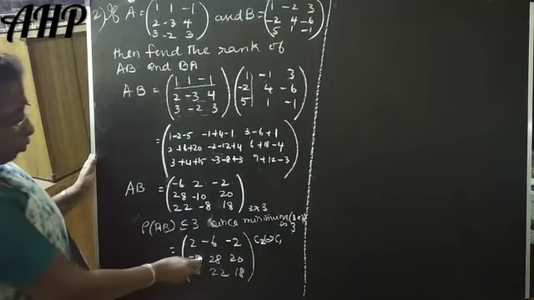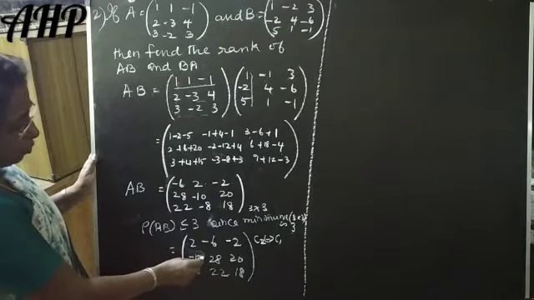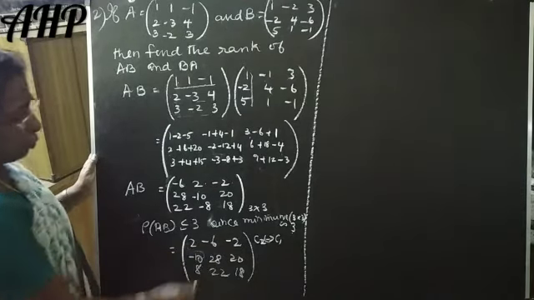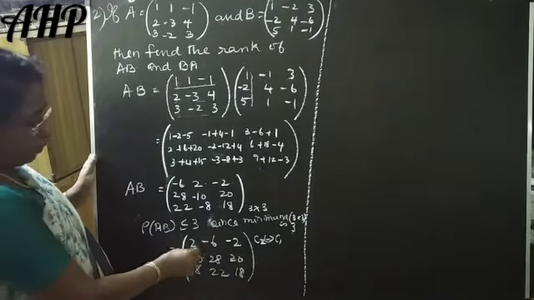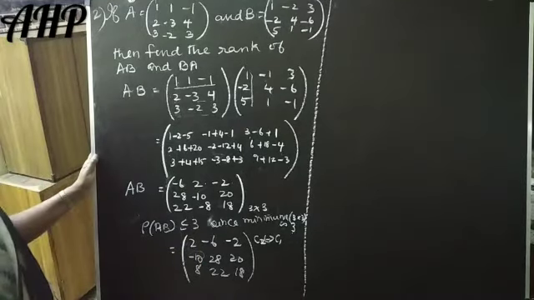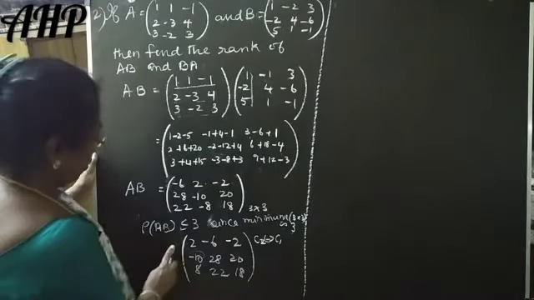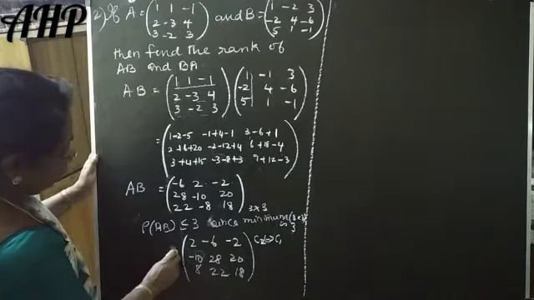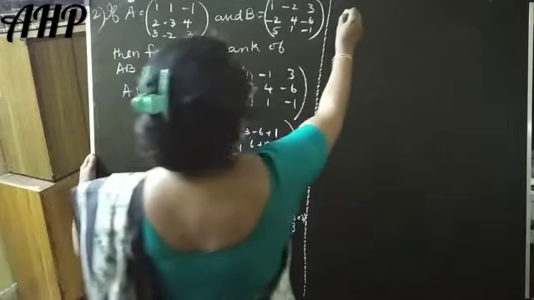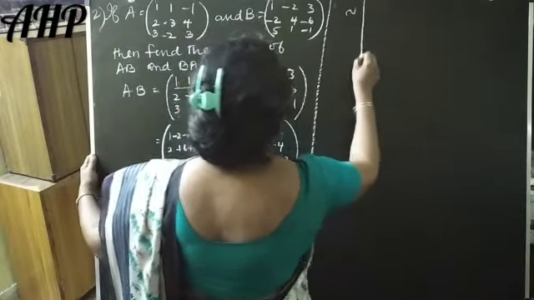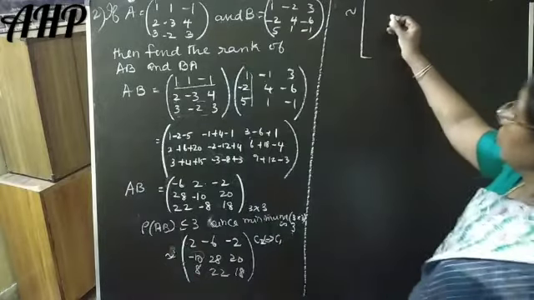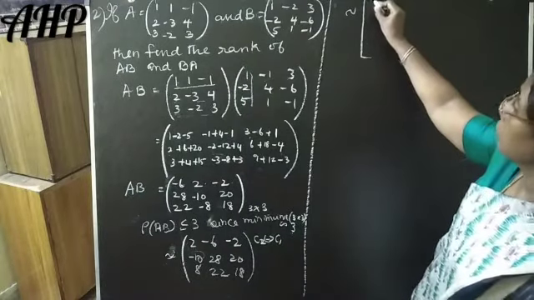Next, we are going to make this column cancel. So multiply this by 5 and add, you get the first element of the second row to be 0. So this will be equivalent to, our aim is to make the first element of the second row 0.